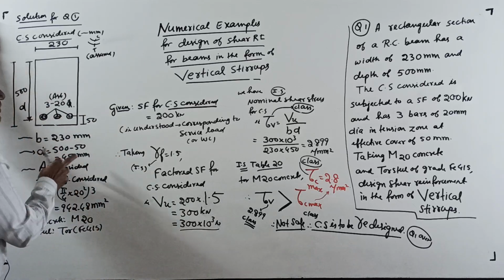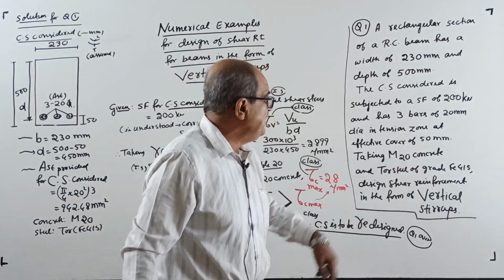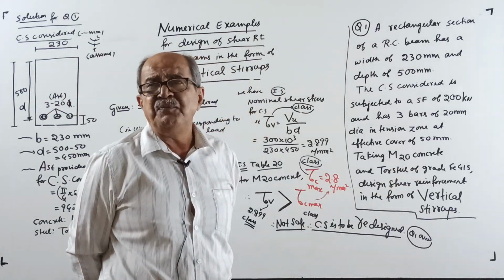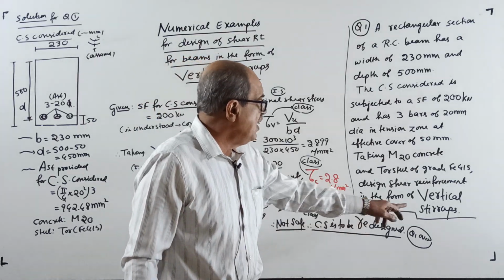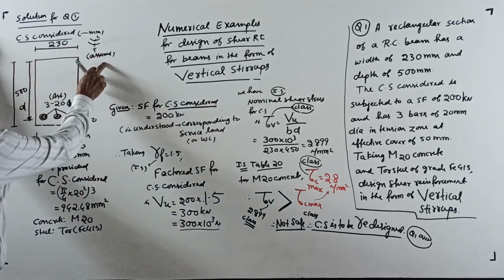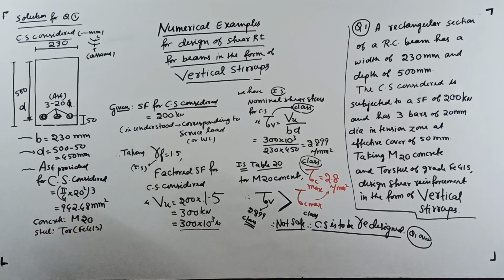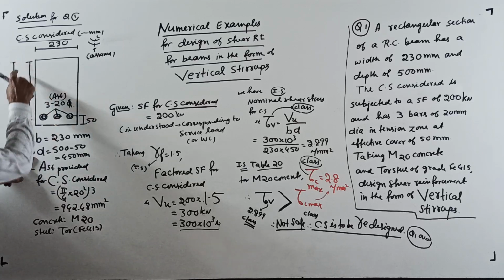Then further, taking M20 concrete and Torsteel of grade Fe415, design shear reinforcement for the beam in the form of vertical stirrups. Okay, start. Cross section considered, all in millimeter: width of the beam or breadth b equals 230, effective depth d equals 500 minus 50.